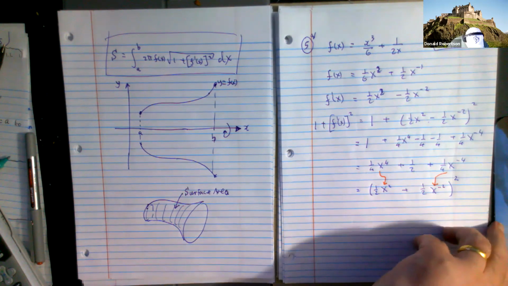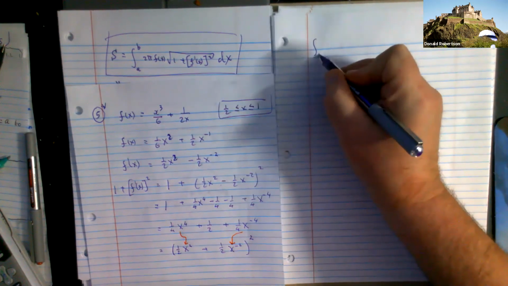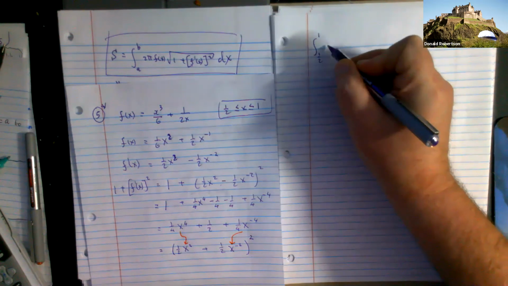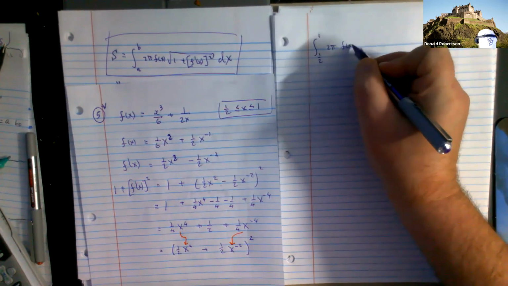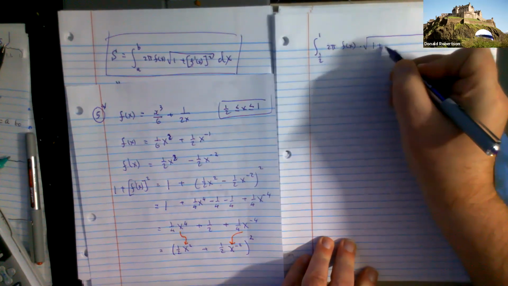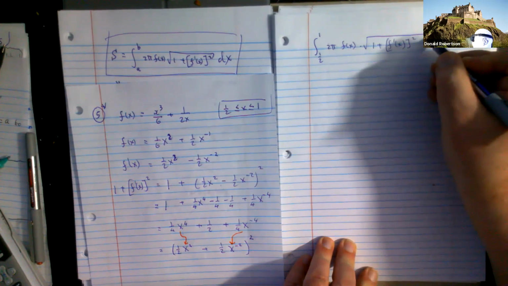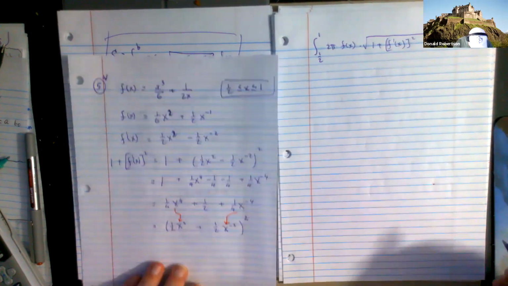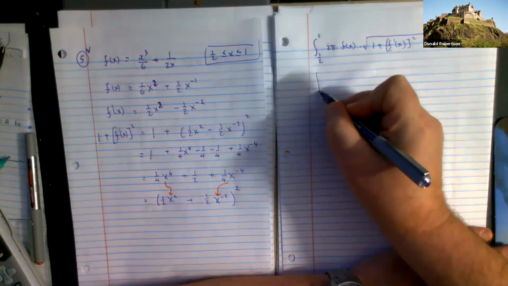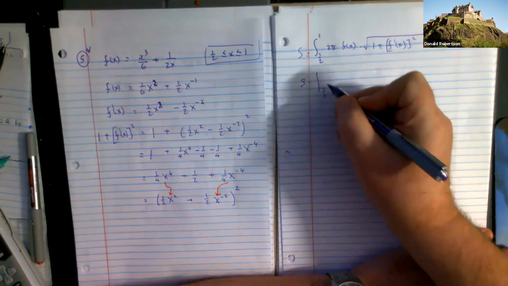So I got my little formula. It's going to be the integral from 1/2 to 1. Actually, I'll write the formula down, that way I can hide it and we can plug the pieces in. In our question then, its surface area is from 1/2 to 1.